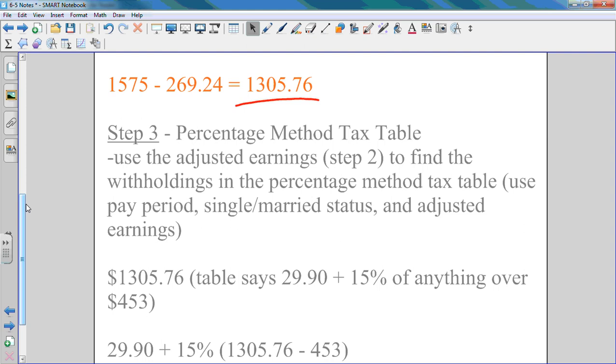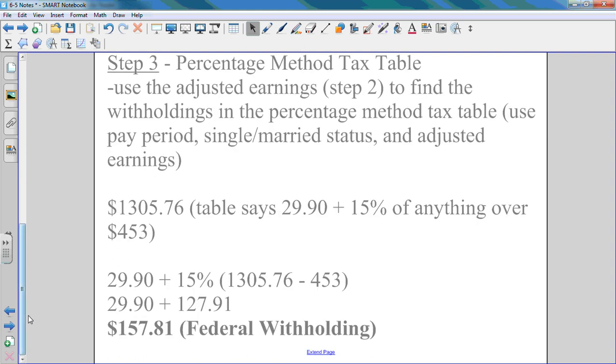In that table, it says that they have to pay $29.90 plus 15% of anything over $453. So all I did was write that formula out.